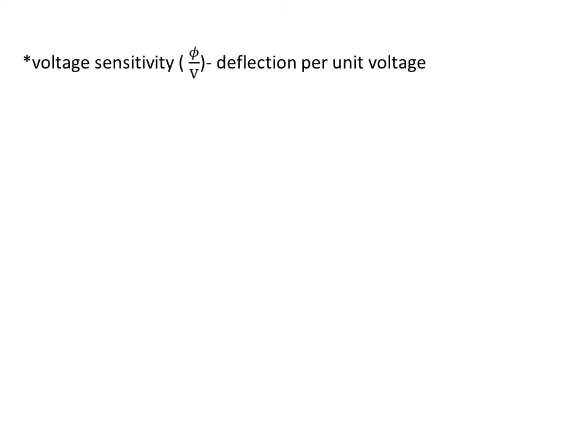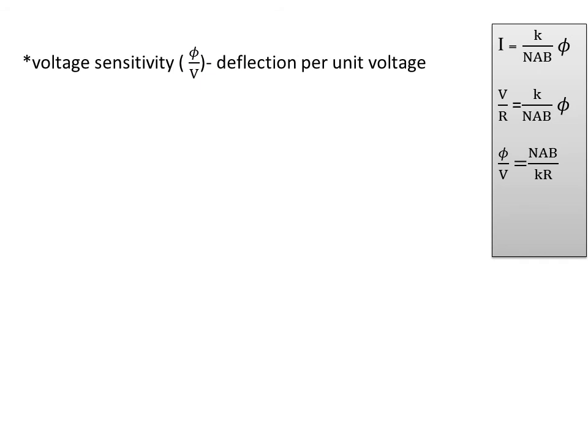Now we are going to find the voltage sensitivity, that is the deflection per unit voltage, phi by V, of the voltmeter. We have for a moving coil galvanometer I is equal to K by NAB into phi. Instead of I, we can write V by R equal to K by NAB into phi.